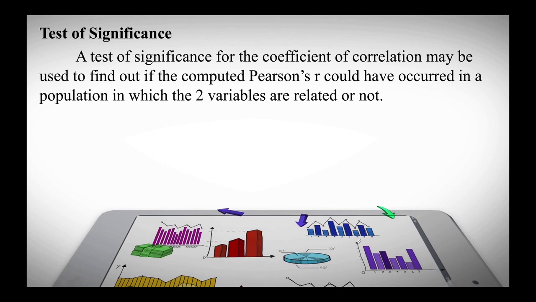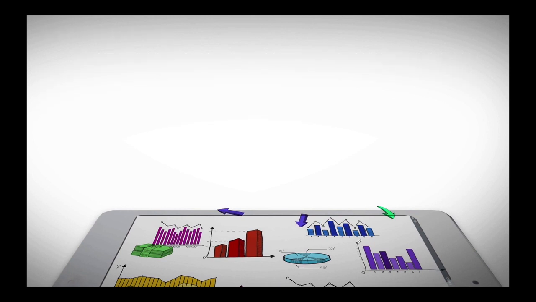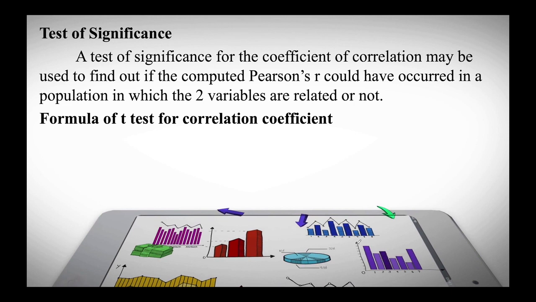So, the test statistic follows the t distribution with n minus 2 degrees of freedom. Bakit n minus 2? Dahil we have two populations here na tinatry natin makita if they have the correlation or wala. So, two variables kasi.